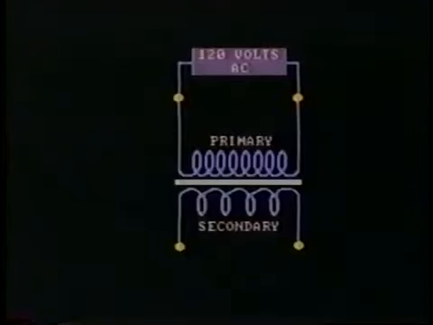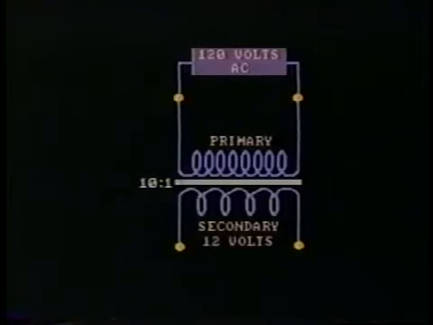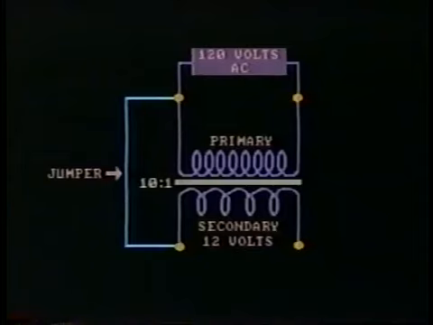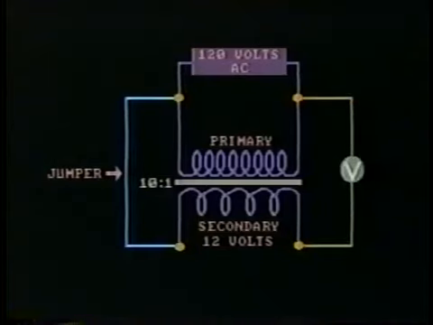Voltage transformers can be checked in the same manner, but another check can also be used by applying 120 volts AC on the primary. As this is a 10-to-1 step-down transformer, we should read 12 volts across the secondary terminals. Jumper a primary and a secondary terminal on one side of the transformer. Connect a voltmeter between the two terminals on the other side of the transformer.